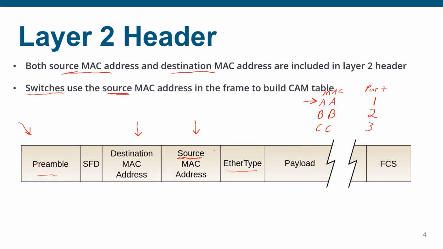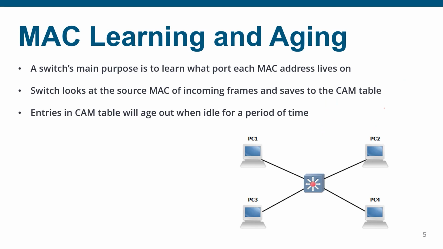So switches do not hold on to these CAM table entries forever. They do age out at some point. As we've mentioned before, a switch's main purpose is to learn what port each MAC address lives on.